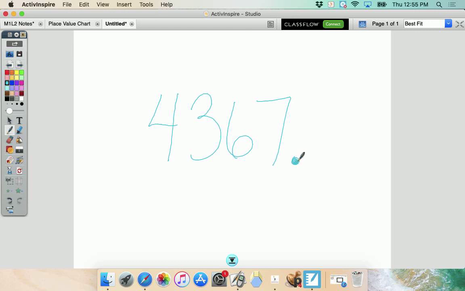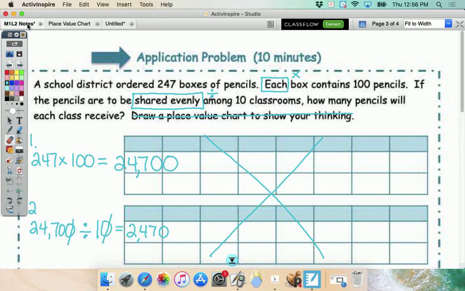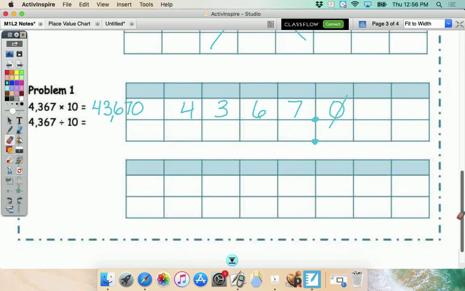So if you know the digit in the ones place, you can put the decimal after that. Now what are we dividing by? 10. So how many times do I hop it to the left? Once. Okay, you ready? You already knew what was coming, didn't you? Yeah. Okay. Now take your eraser. So what's my answer? 436.7. So on my page, whoops, I didn't say my place, did it?